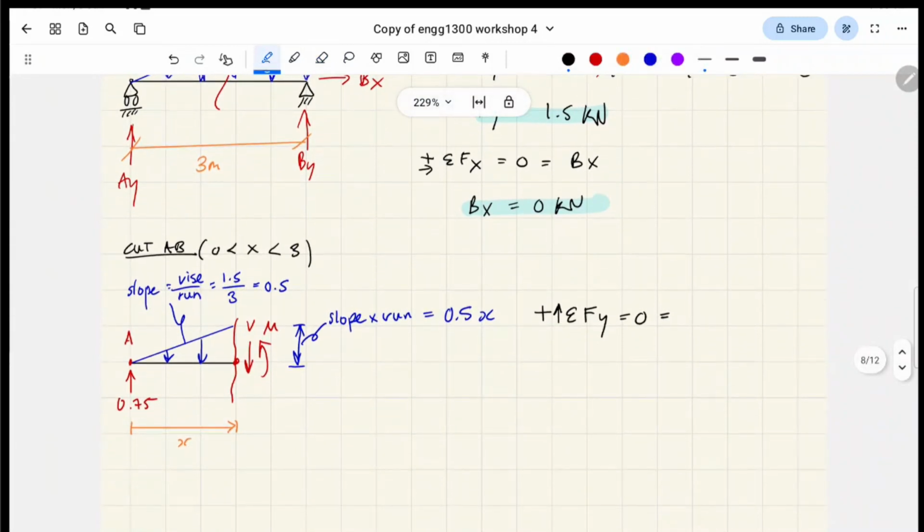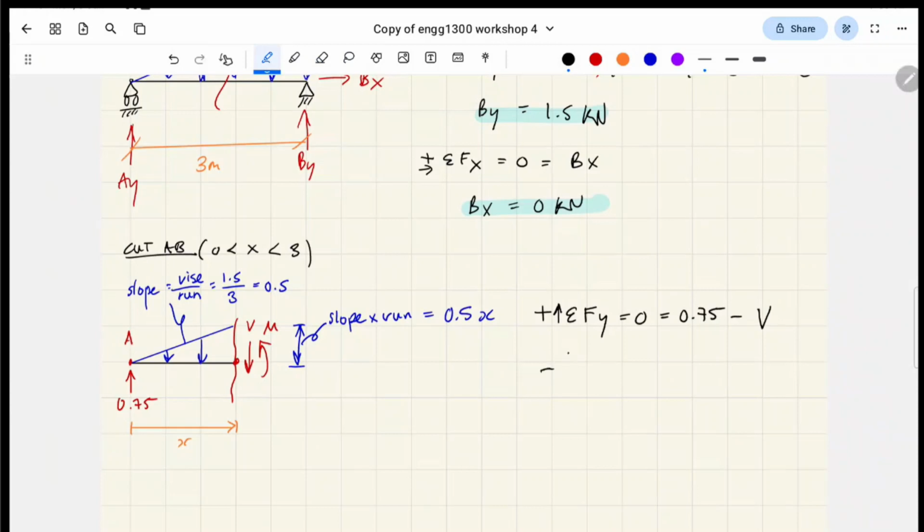All we've exposed with this diagram is 0.75, which is our vertical force at point A, minus V. V is our unknown that we're solving for, but we can't forget about our triangle as well, which has a varying distance and a varying magnitude. That sounds scary, but you're still using geometry to solve this.